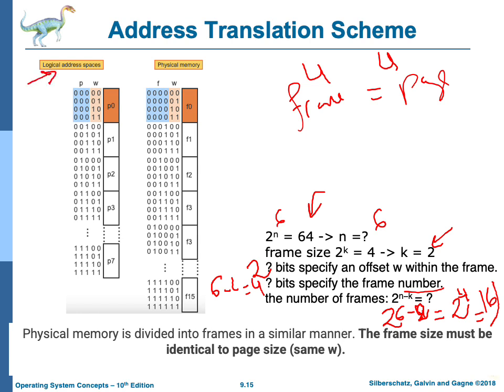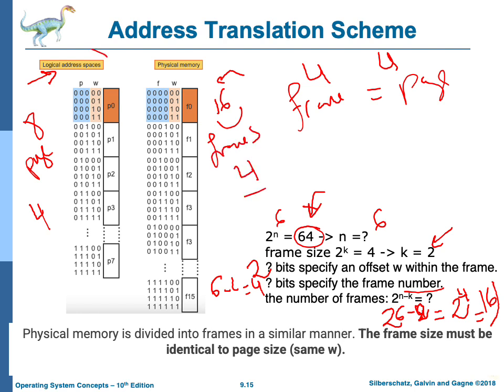So you can see the logical space here, which will consist, as we said, of 8 pages of size 4. And similarly, if we have a physical space of size 64, then we're going to end up with 16 pages again, with 16 frames, right, with size 4.